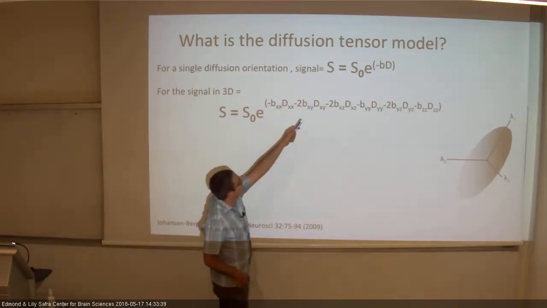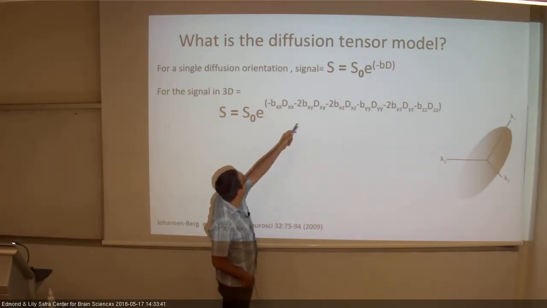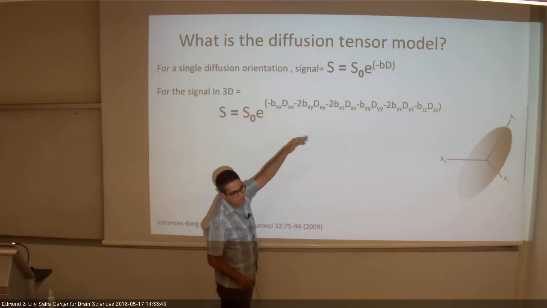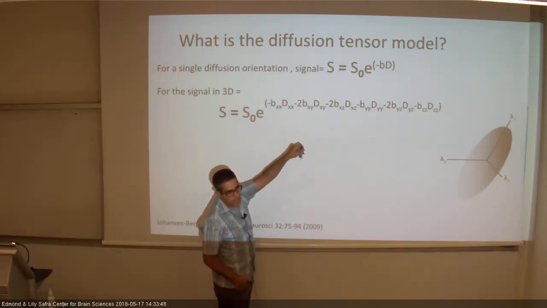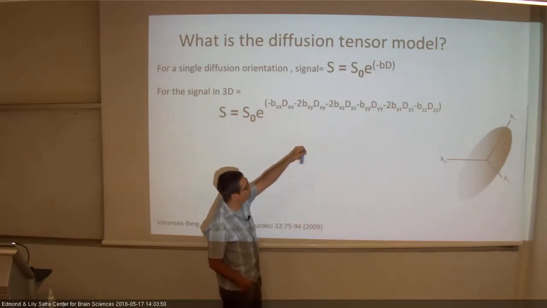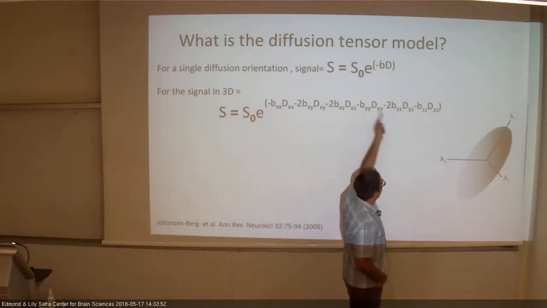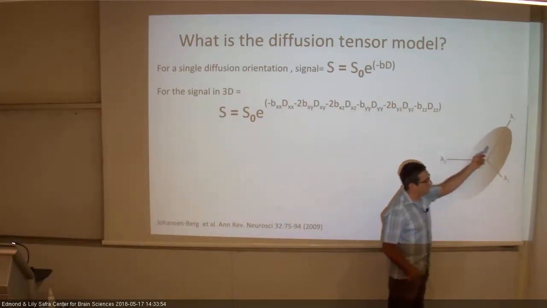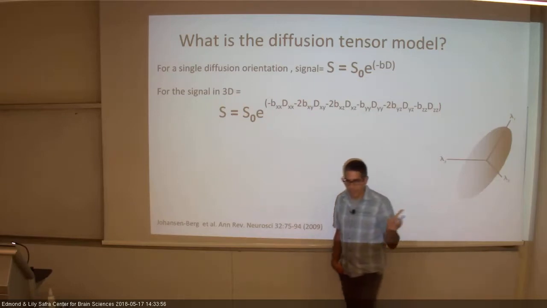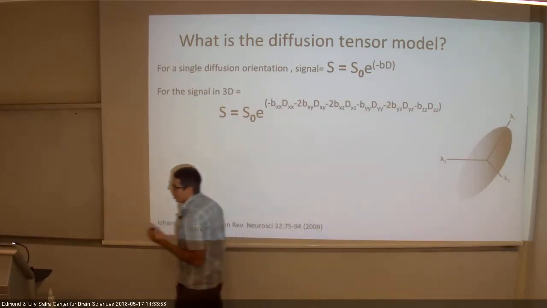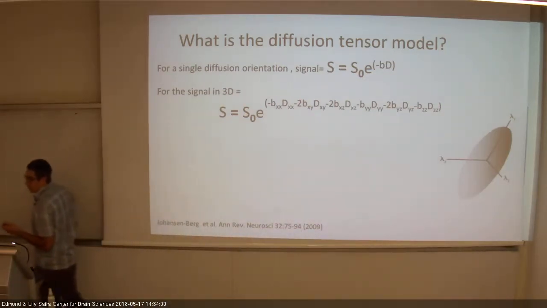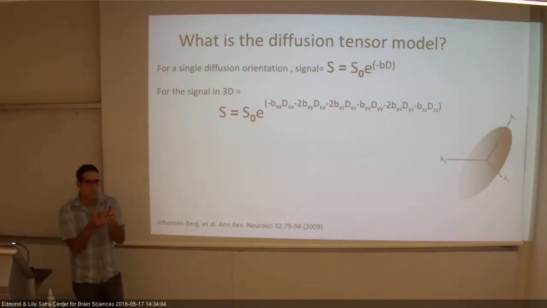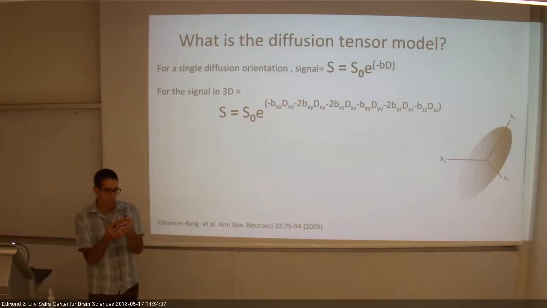So it's not just B as a function of D; we have D in each orientation: XX, YY, and ZZ, and XY, XZ, and YZ, right? And to say that is essentially to say a 3D ellipse, which is a tensor. Okay, so something with a shape. We can now talk about the diffusivity as this 3D ellipse. Okay. That's okay?